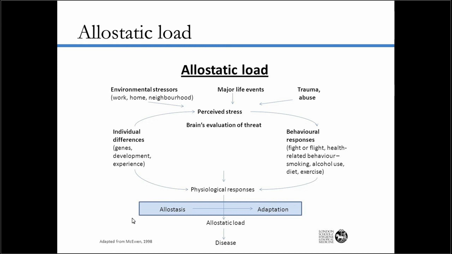And all of this combined has physiological responses that this allostasis, or this adaptation, happens, and we have this allostatic load that's leading to these differences in our bodies that can lead to differences in health status.